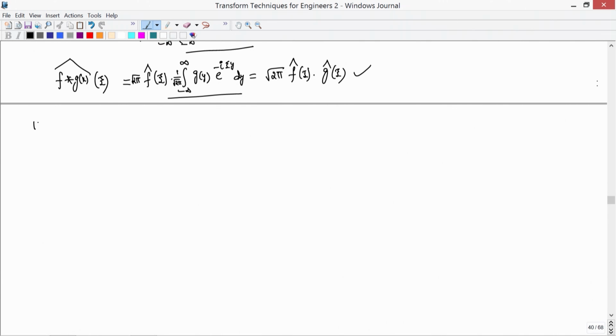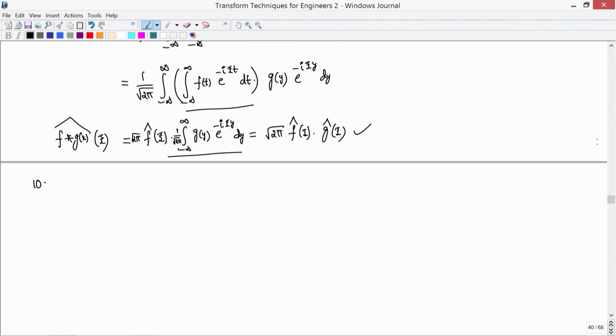One more property, which is basically a corollary, a byproduct of this property 9, is Parseval's equality, Parseval's identity.